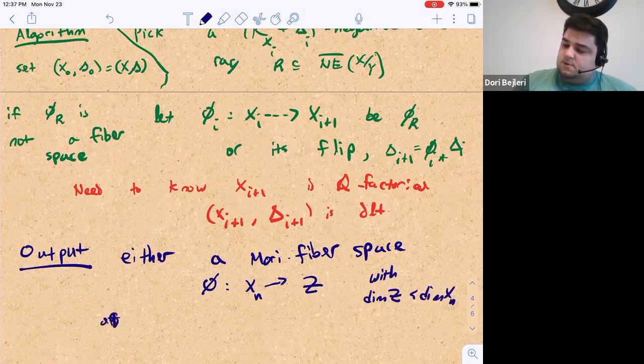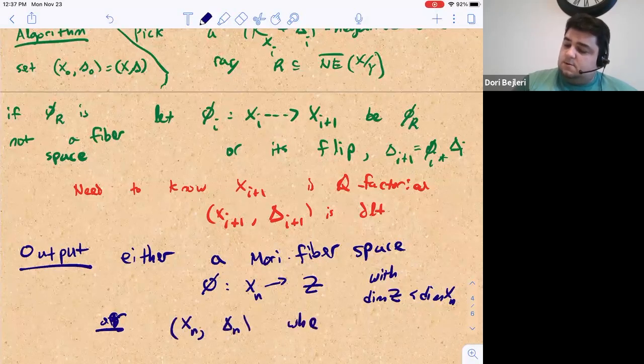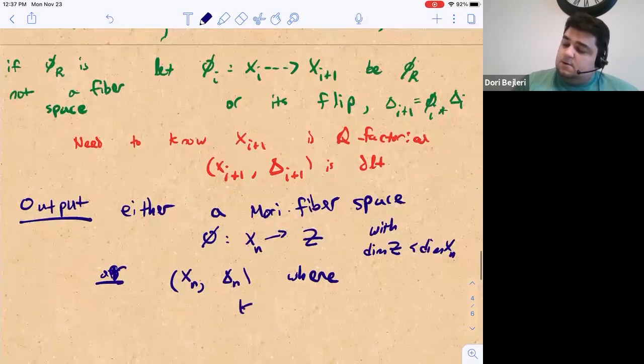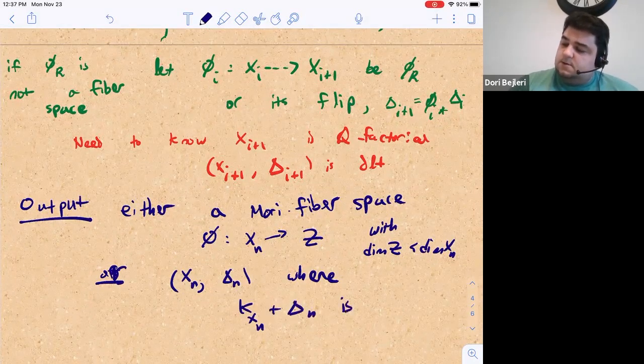Or a model (X_n, Δ_n) where K_{X_n} plus Δ_n is nef over our base, so it's f-nef.